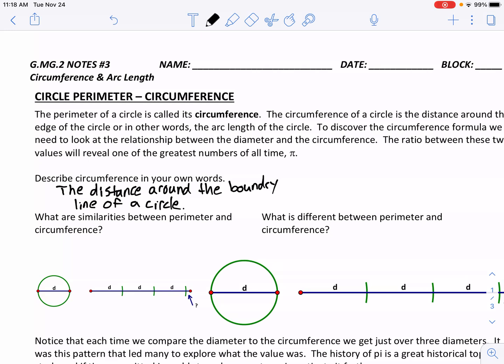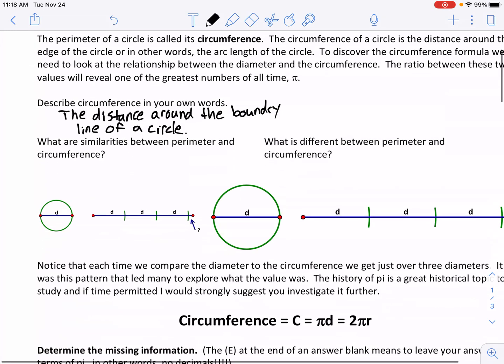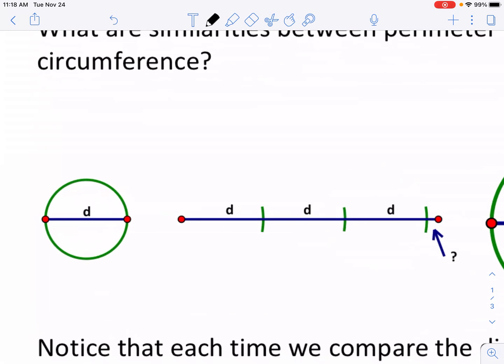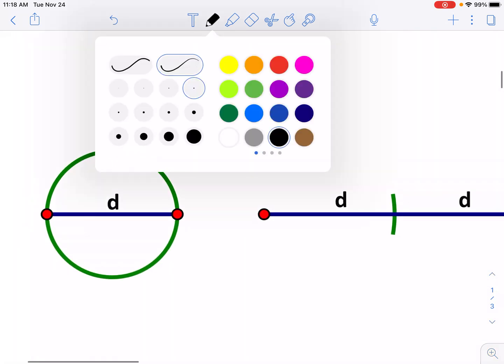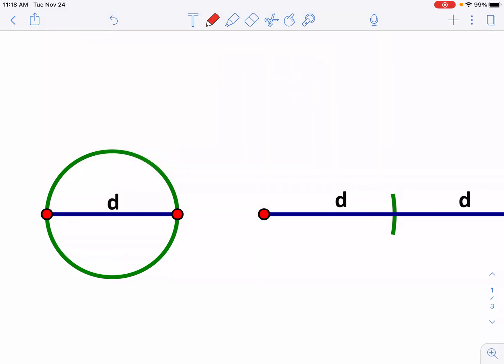Now we talked a little bit about the similarities between perimeter and circumference, but what we want to discover is this relationship between the circumference and the diameter, in terms of how that ratio tells us pi, because we have to be able to use that for our circumference equation. Now, if we look at a circle, just to review some things we've hopefully seen before, in the middle of a circle is our center, and the chord that goes all the way across a circle through the center is the diameter.